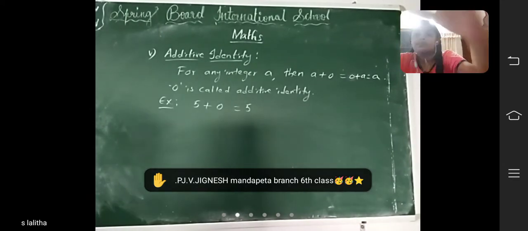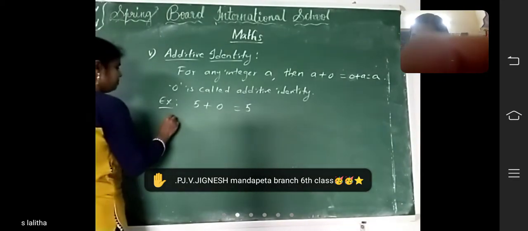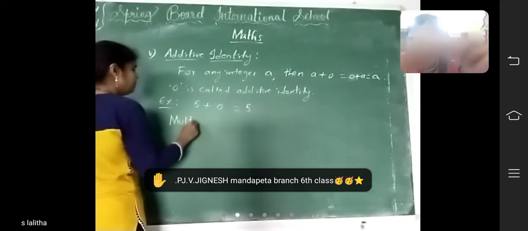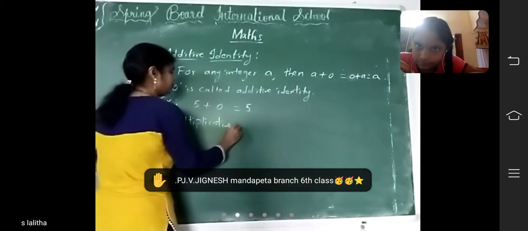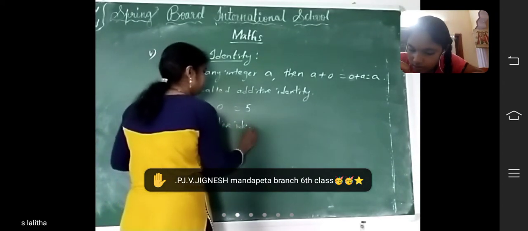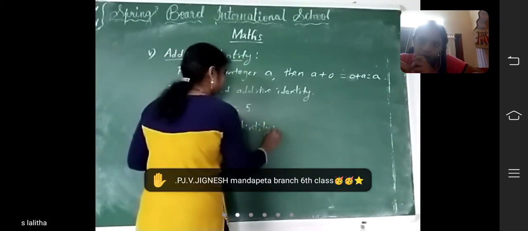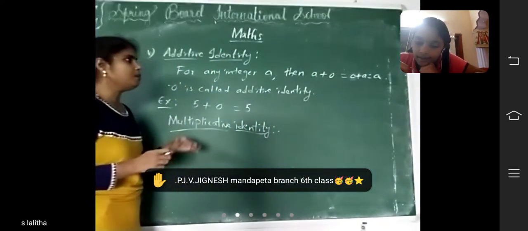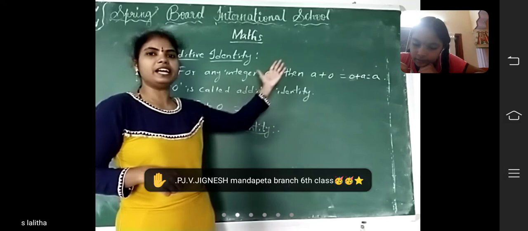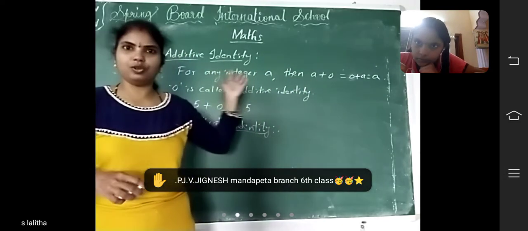And the next one is multiplicative identity. What is called multiplicative identity here? Which number should be added to that whole number to get the same number, that is called additive identity.